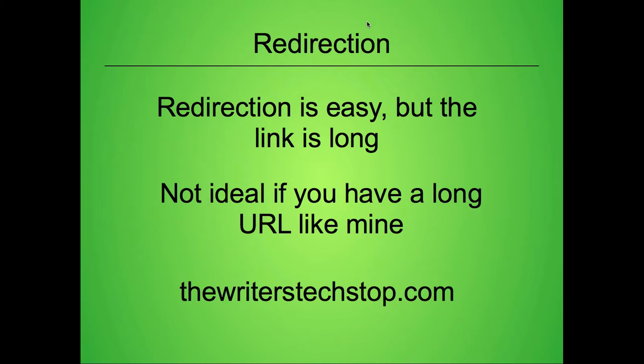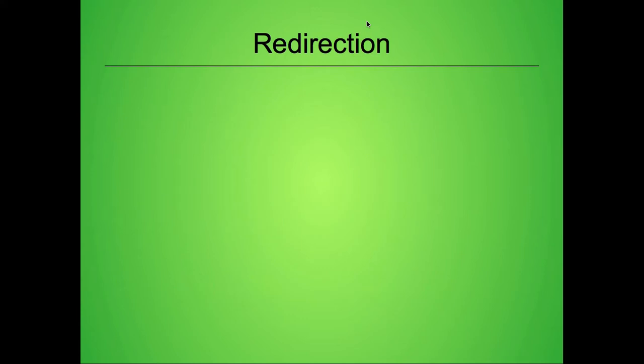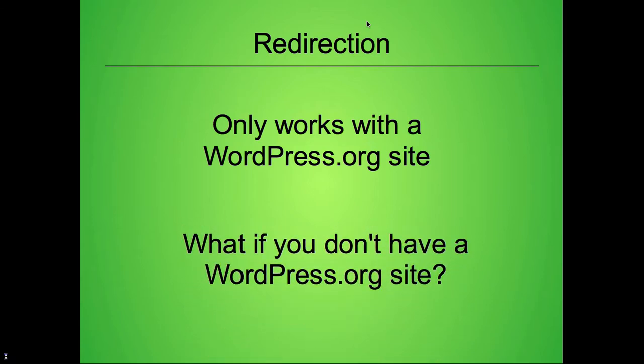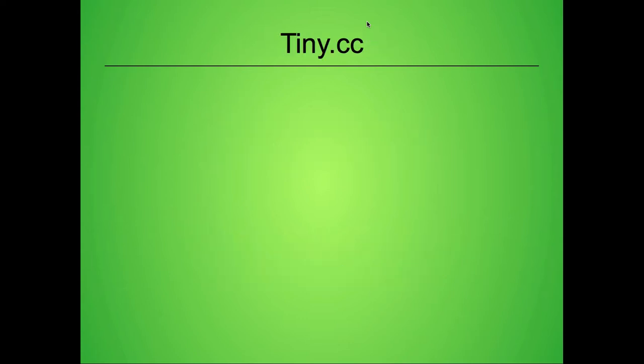And then if I add pieces onto that to indicate that it's a latest book or something, it's becoming rather unwieldy. Another downside of redirection is that it only works with a WordPress.org site. So if you don't have a .org site, maybe you have a .com site, or you're hosted with Wix or Weebly or Squarespace, or you have a custom HTML site, how are you going to do this?